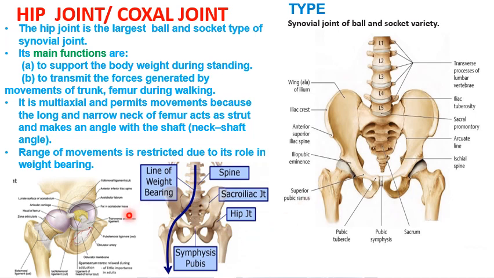Yeah, this is another picture where you can see clearly the opened up hip joint, where you can see the acetabular fossa, the acetabulum of the hip bone, and this is the head of the femur. This head of the femur articulates with the acetabular cavity to form the hip joint.